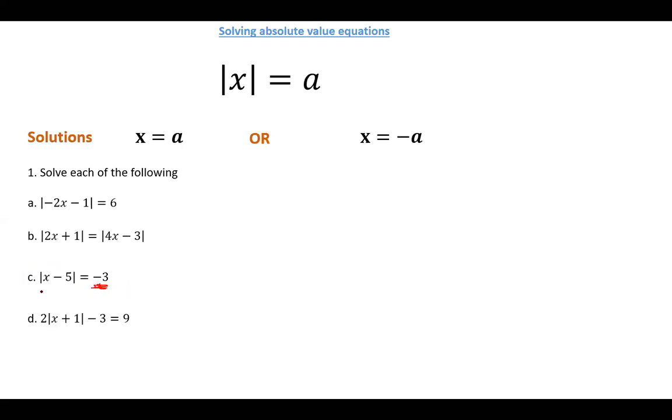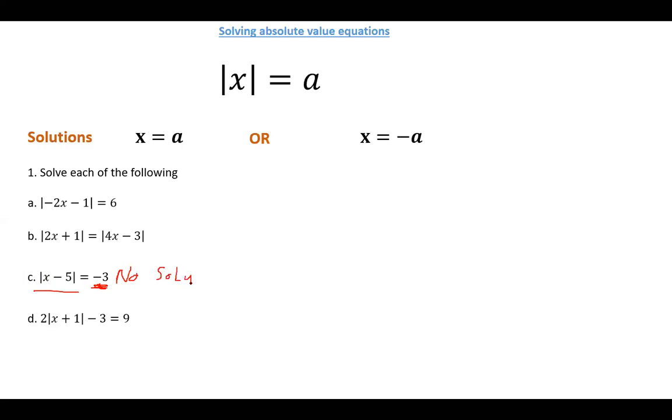But in this case, after finding the absolute value of x minus 5, we're getting a negative answer, which does not exist. Hence, this equation has no solution. So you just write no solution. If you meet an equation like that, just know to say it has no solution.